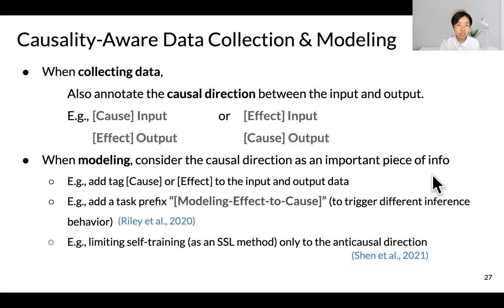There can be some potential suggestions, such as adding the tags cause and effect to the input and output data, adding a task prefix to trigger different inference behavior for causal and anti-causal learning, or limiting some training methods to only one of the directions. These are some tentative suggestions inspired by similar works, but we also strongly encourage more innovative future work.